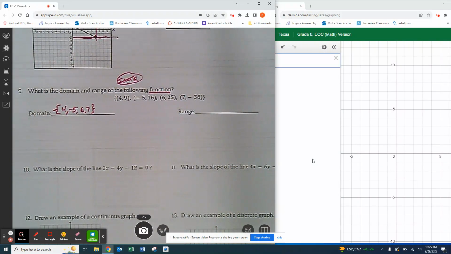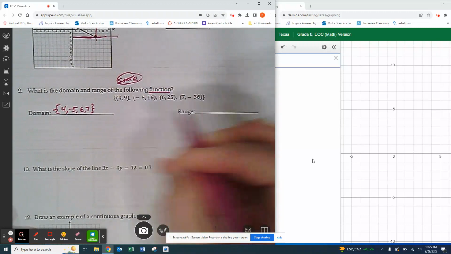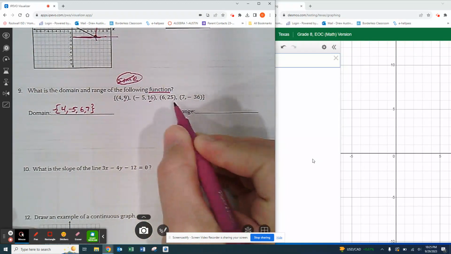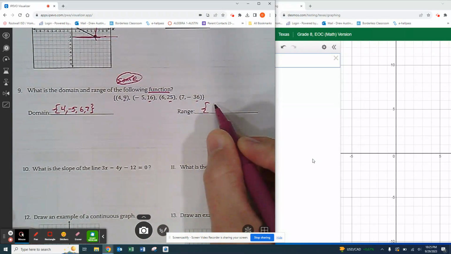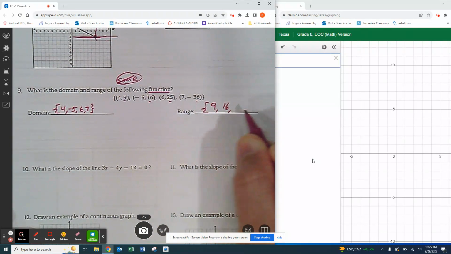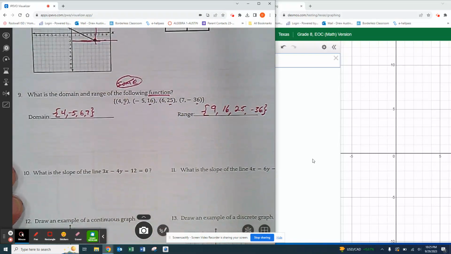That way I know which ones I'm looking for in my answer choices. For my range, that's just going to be my y values. So my range value is 9, 16, 25, -36. And that's it. Done.